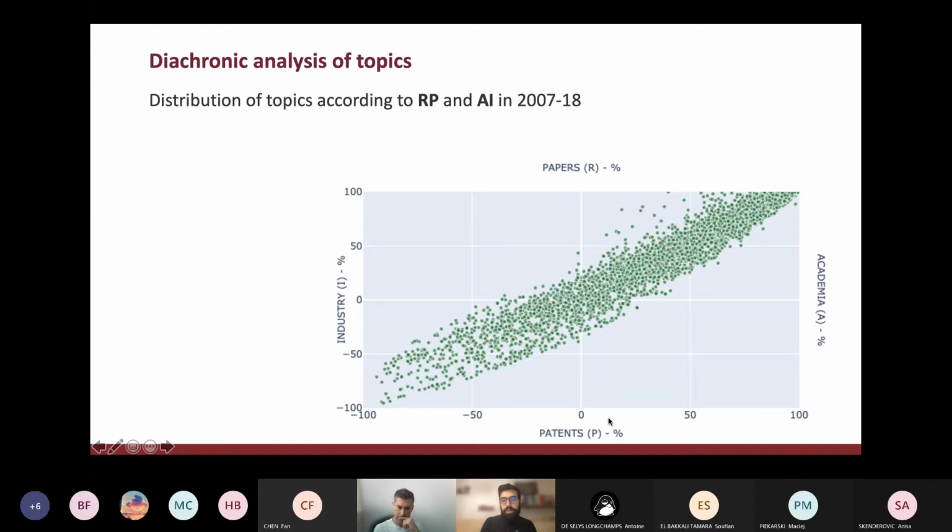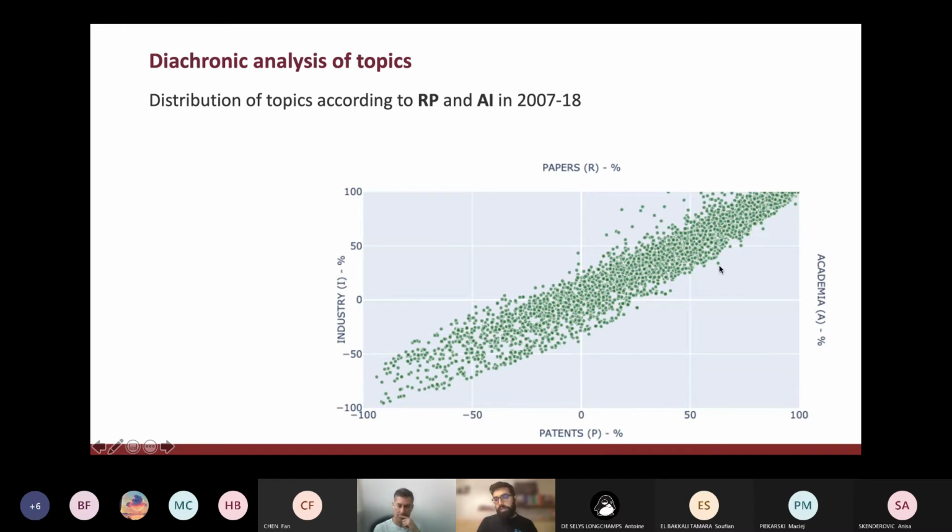On the Y axis you see patents and papers. So if a topic is published mostly in papers, you will find it at the top of this diagram. Otherwise, if a topic is published mostly in patents, you will find it at the bottom of this diagram. And the same for academia and industry.